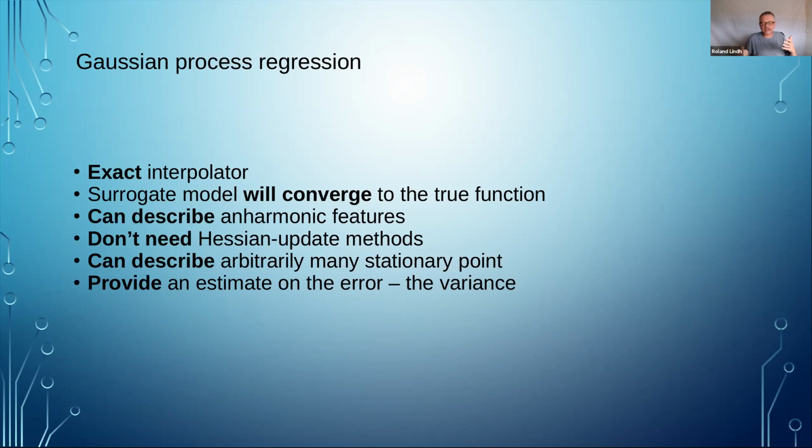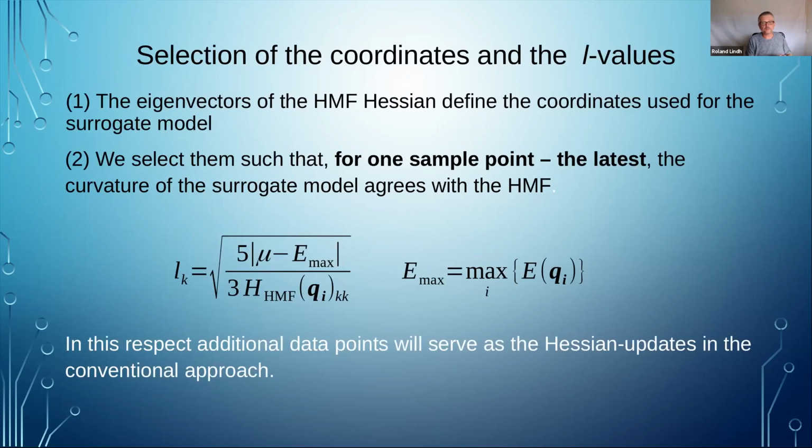As we add data points, we implicitly get that. Further, the method can describe an arbitrary number of stationary points on the surrogate model. And as I pointed out before, it gives you an estimate of the error of the surrogate model.